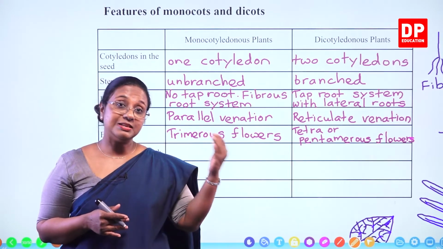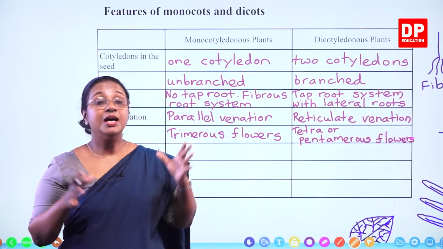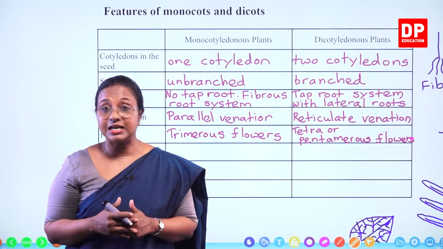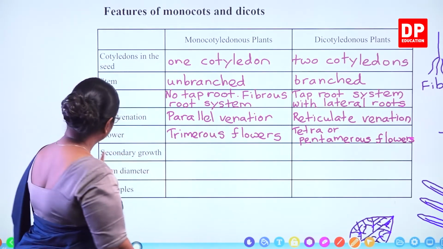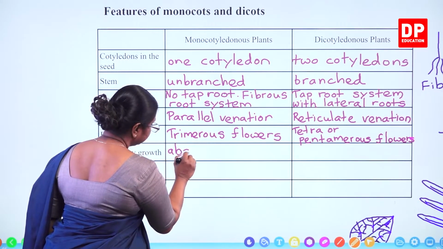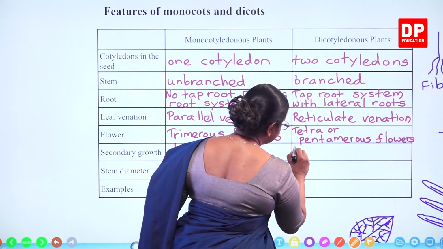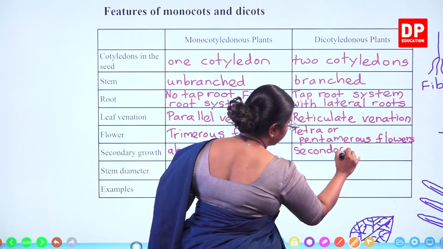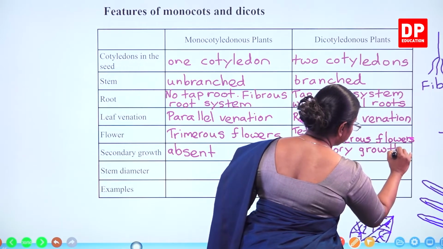You will learn this in more detail when you go to grade 11. But for now, just remember the diameter of the stem increases due to the secondary growth. But that is not seen in monocot plants. So secondary growth is absent in monocots, whereas you can see secondary growth in dicot plants.